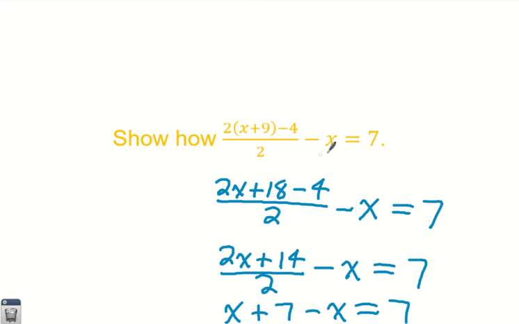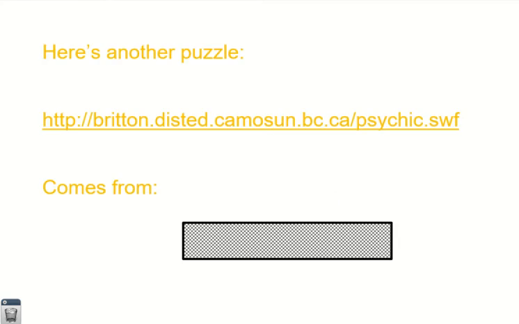So this whole side just ends up being 7.